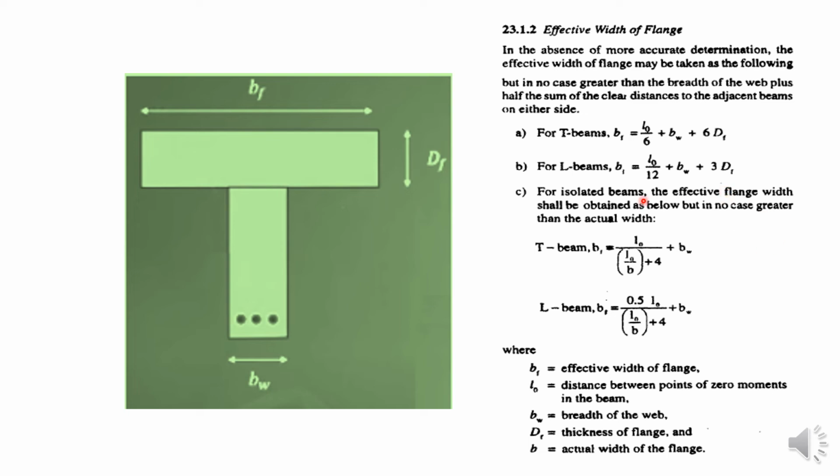For an isolated beam, the effective flange width shall be obtained by the following, and the value is not greater than the actual width. For the T beam section, BF is equal to L0 divided by (L0 by B plus 4) plus BW. For the L beam section, it is 0.5 L0 divided by (L0 by B plus 4) plus BW.